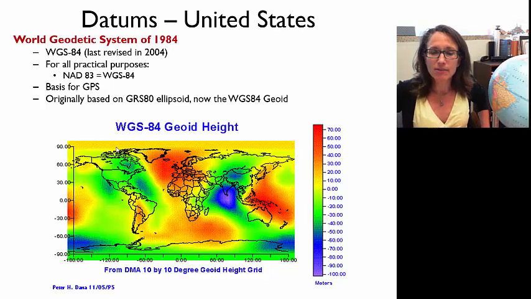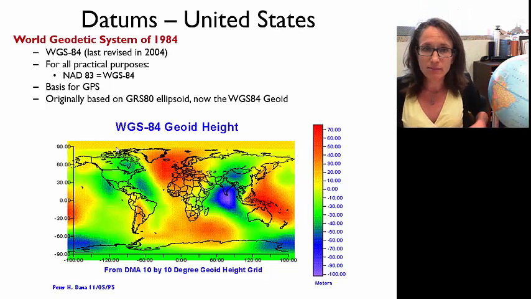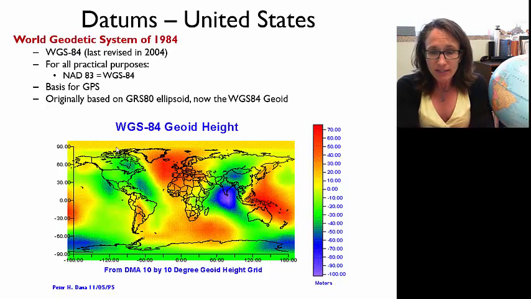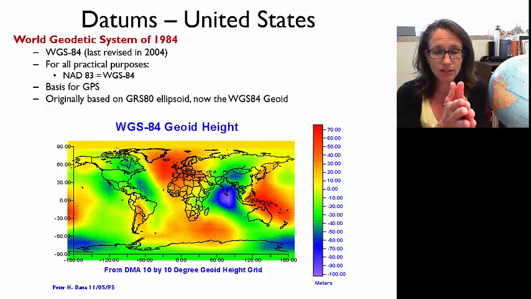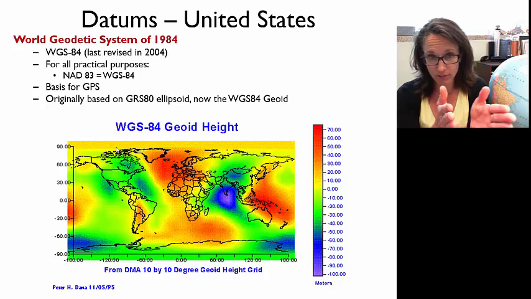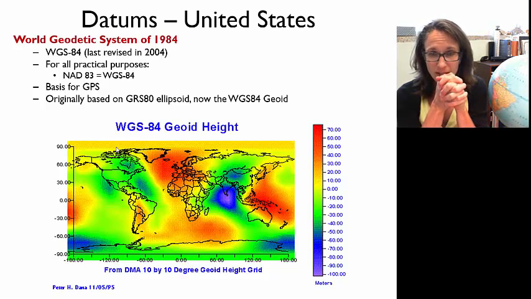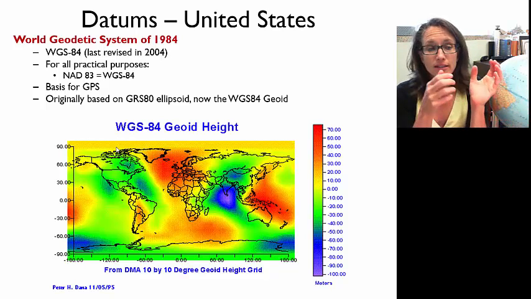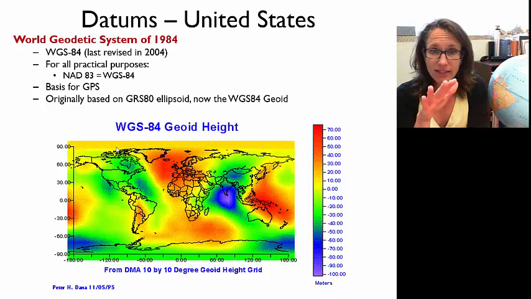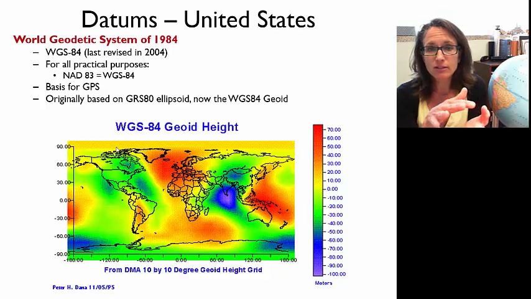Okay, so the third datum that we use in the US, and actually this is a global datum, is the WGS datum of 1984, which has been more recently revised. But for practical purposes, the NAD 83 datum and the WGS 84 datum are essentially equivalent for our purposes in the United States and North America. The WGS 84 datum is the basis for GPS data. So the raw data in your GPS unit are stored referenced to the WGS 84 datum.